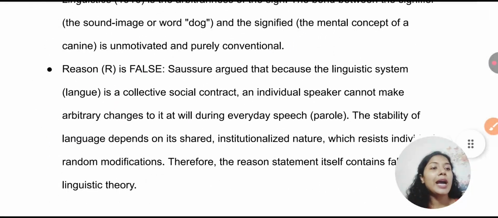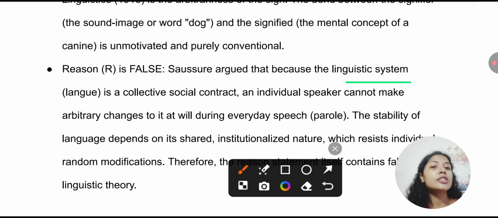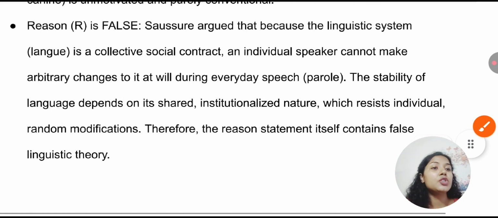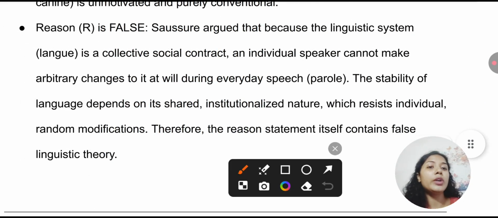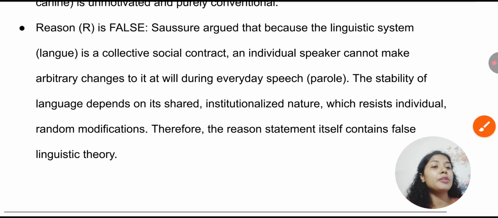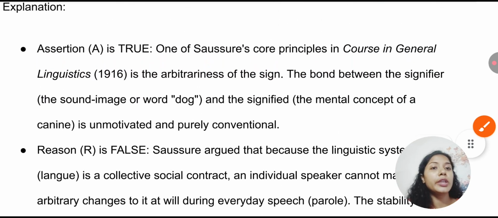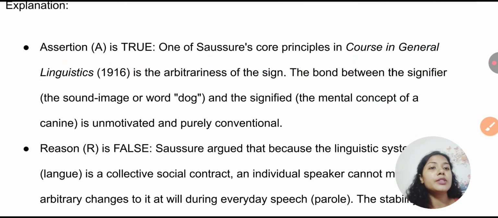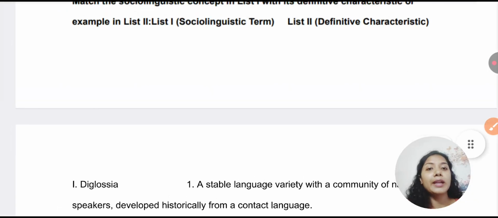Because Saussure argues that the linguistic system, that is langue, is a collective social contract, which an individual speaker cannot change at will during everyday speech, that is the parole. So the stability of language depends on its shared institutionalized nature, which resists individual random modifications. Therefore, the reason statement itself is false. Okay, and the first one is true. This is how you have to practice now.